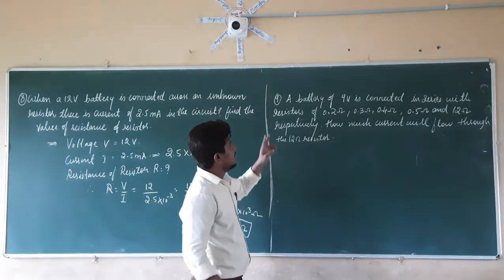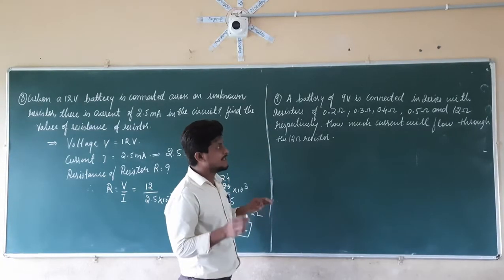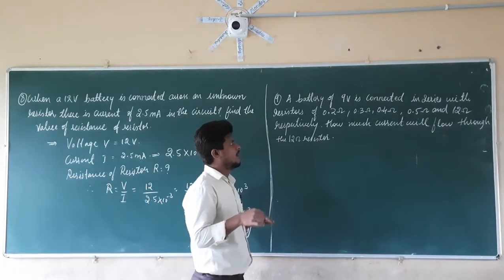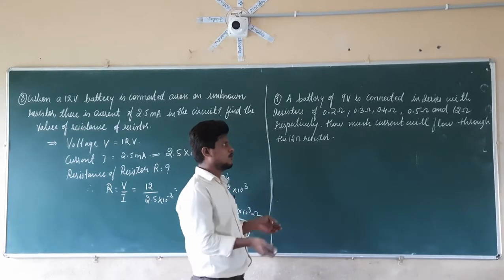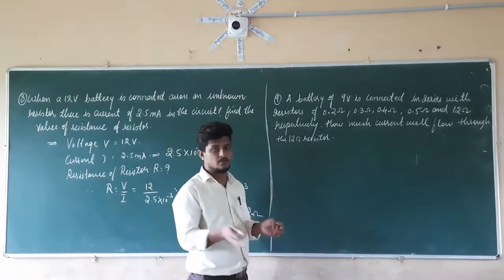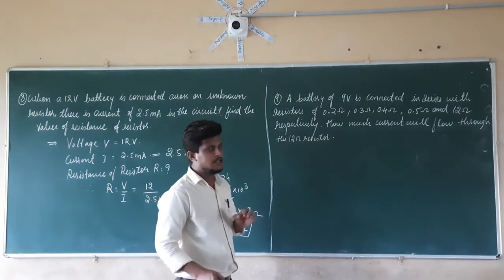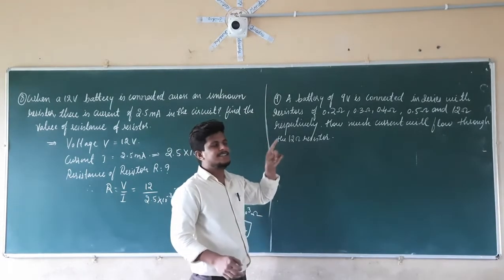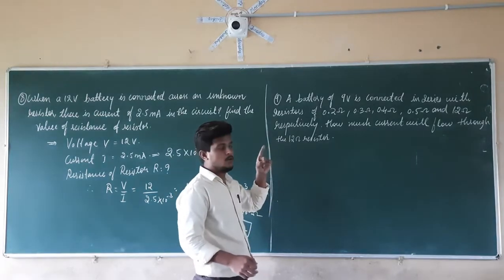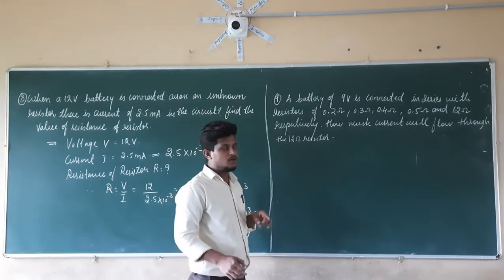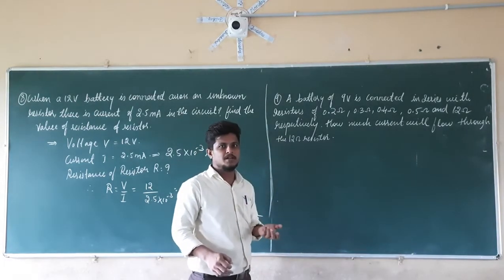See here, a battery of 9 volt is connected in series with the resistors of 0.2 ohm, 0.3 ohm, 0.4 ohm, 0.5 ohm and 12 ohm. So how are those resistors connected here? Those resistors are connected in series with the 9 volt supply. So to find out the total current, first what do we have to find out?